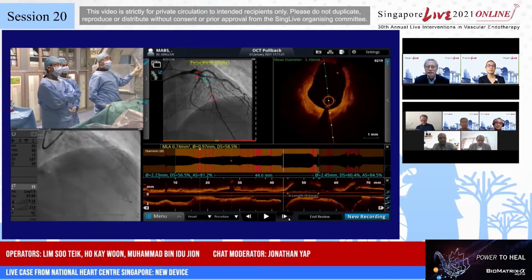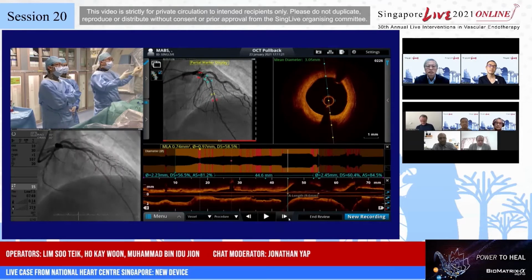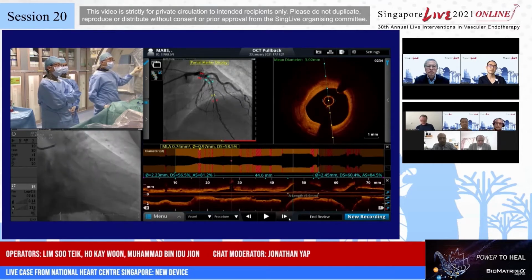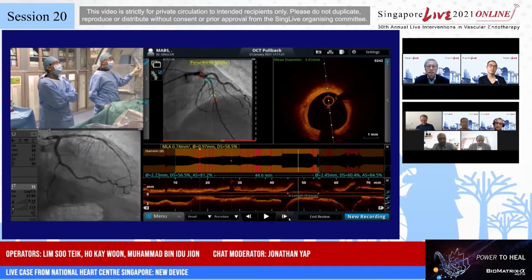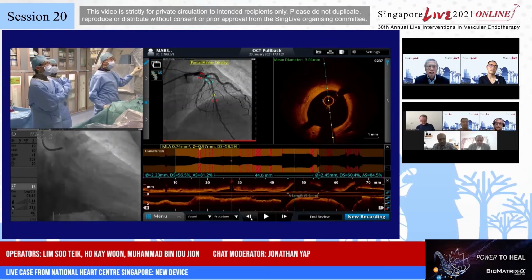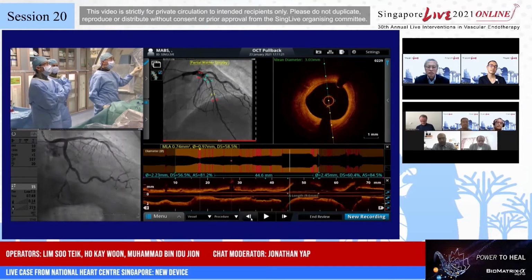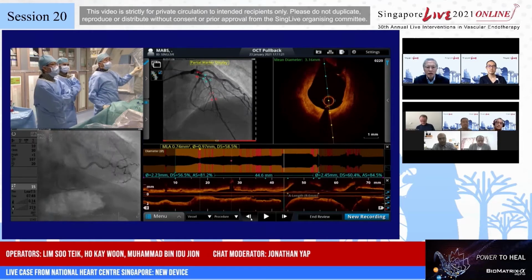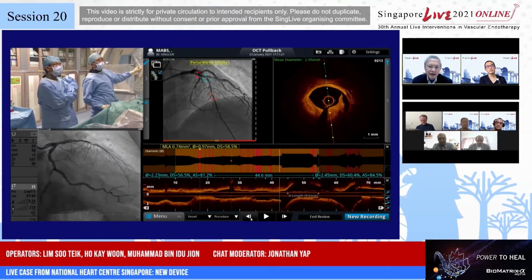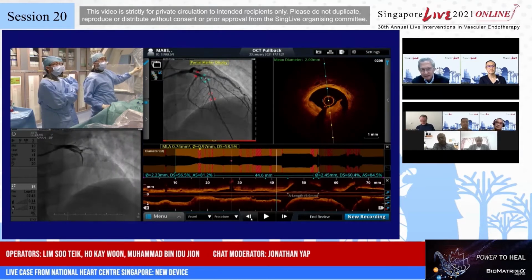So there's another option that we try to place it exactly right after the bifurcation. Yes. But there's a little bit of disease. You have your OCT, you can measure the length, right? Yeah.